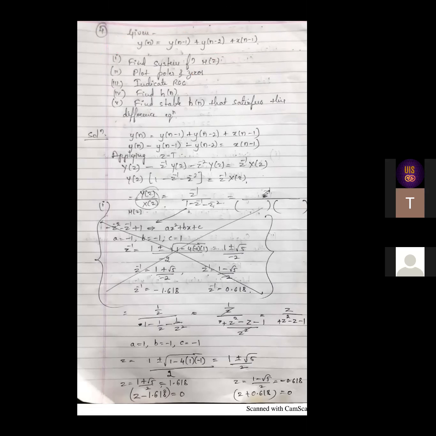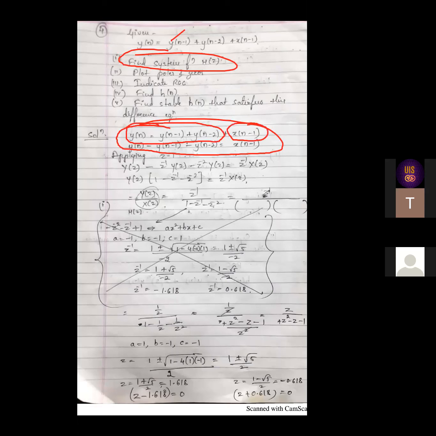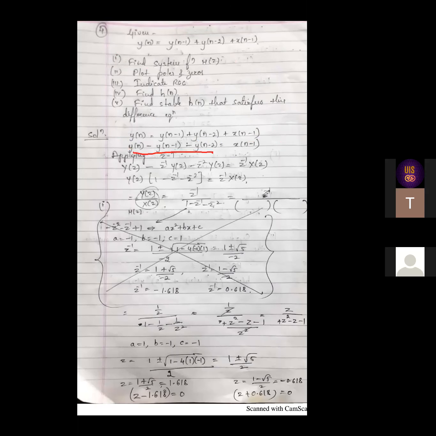First one, we need to find H of z. This is the given question. What I have done, all y's I have kept at the left side and all x's at the right side. Then apply the z transform to this equation. Y of n's z transform is Y of z.